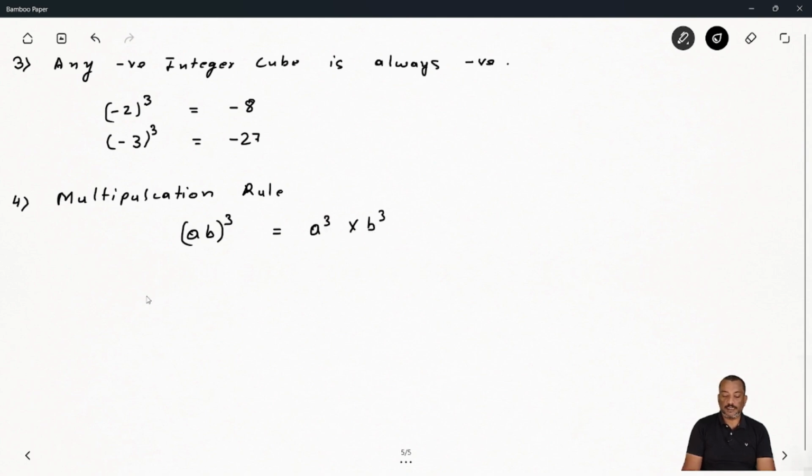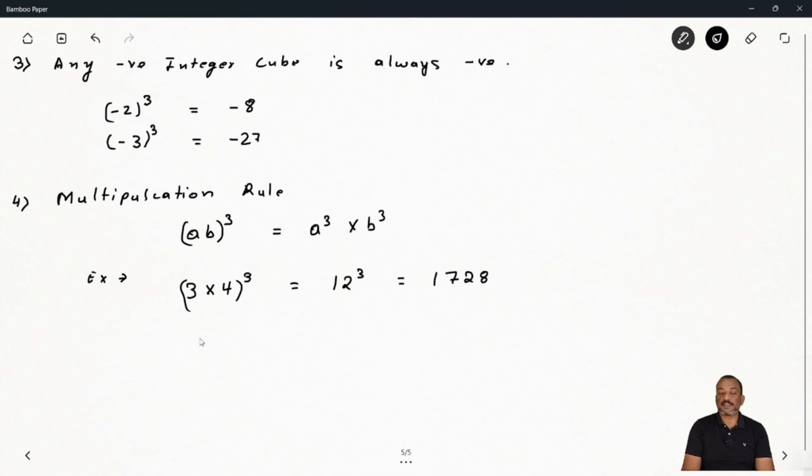Let's see an example. Suppose you have 3 times 4 and we have to find its perfect cube. So 3 times 4 is 12, cube of 12.